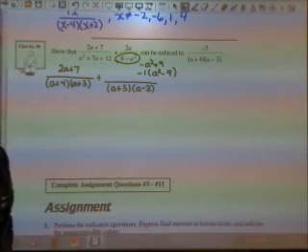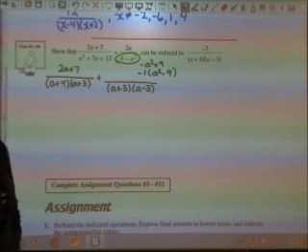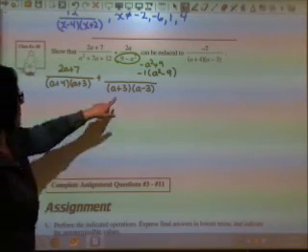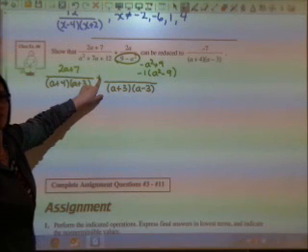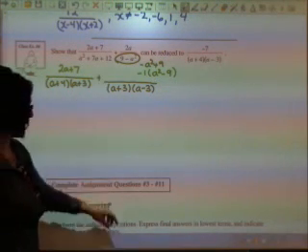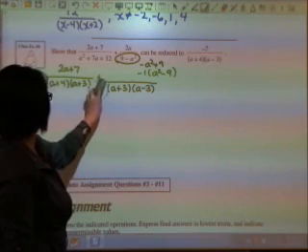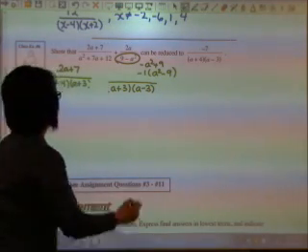So it would have factored better. Negative 1 times a positive 1 would be negative. So instead of writing plus these two, we're going to subtract them.